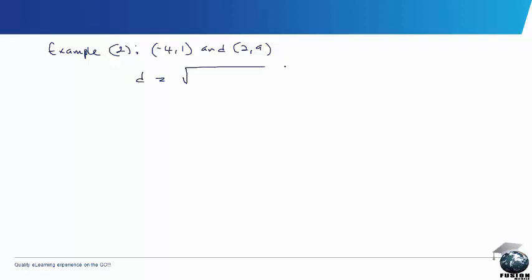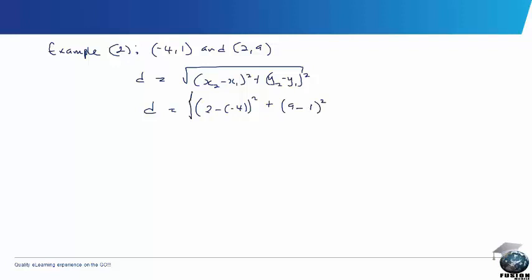D is equal to the square root of x2 minus x1 all squared plus y2 minus y1 all squared. D is equal to x2, there is 2 minus 4 all squared, plus y2 there is 9 minus 1 all squared, all under the square root.